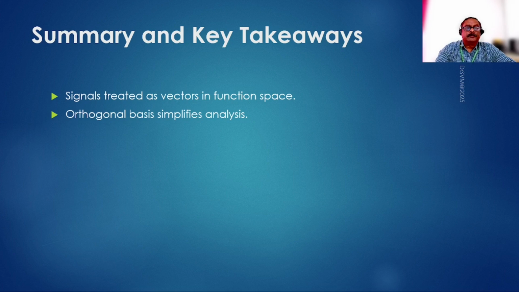In the same way, we can represent any signal using orthogonal basis signals, and in doing so the whole analysis is super simplified. The orthogonal basis functions, whatever we define, will help us in simplifying the analysis task.